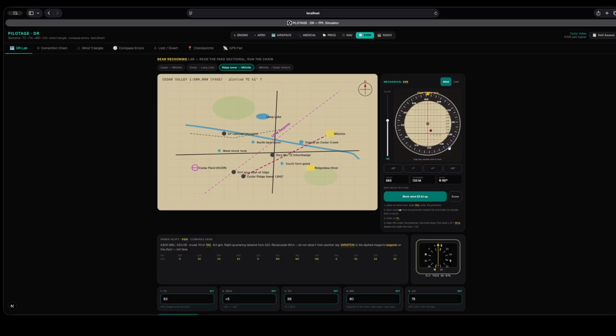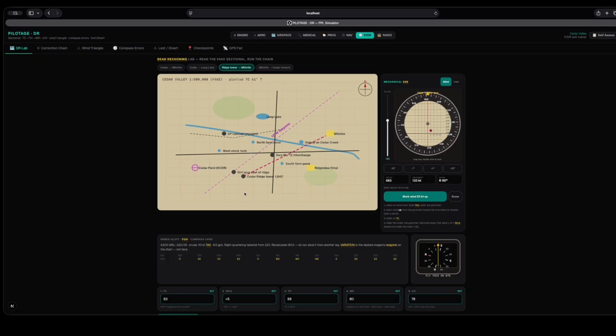There are plenty of apps that'll calculate this for you. There are digital E6Bs that you can carry with you in your flight bag, but ultimately knowing the process, knowing what all the variables are, and where to get that information.